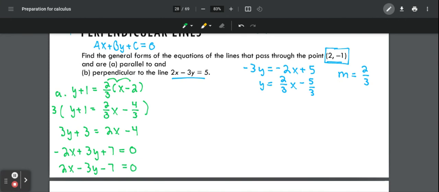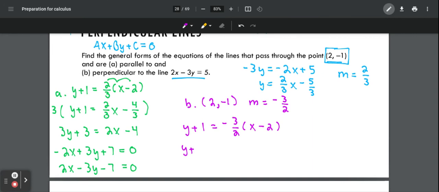For the second part, when we're dealing with perpendicular, remember perpendicular is opposite reciprocal. So for part B, we're still going to use the point (2, -1), but now we're going to use the opposite reciprocal slope, which would be negative 3 halves. So if we write our equation, y plus 1 equals negative 3 halves times x minus 2, we would get y plus 1 equals negative 3 halves x plus 3 when we distribute that 3 halves.